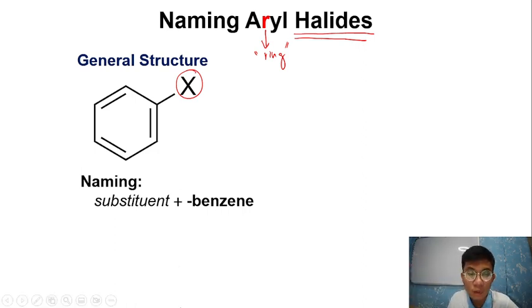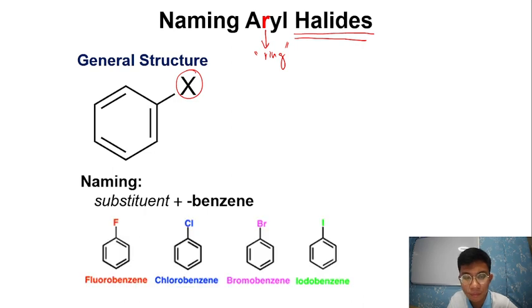Okay, so the naming will be substituent plus the benzene. Simple lang to. So if you have the presence of fluorine in your benzene ring, so that's fluorobenzene. Okay, so tandaan nyo lang talaga, fluoro, chloro, bromo, and iodo. And then you just append the benzene at the ending. Okay?